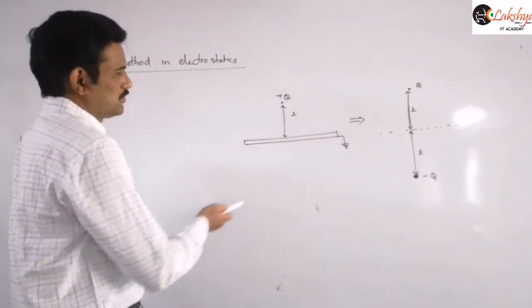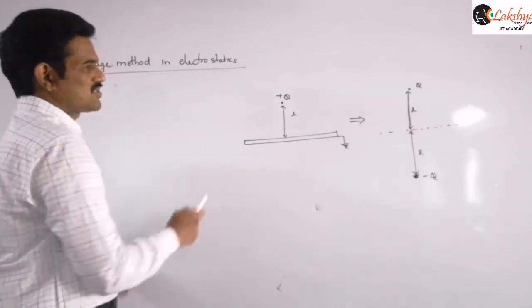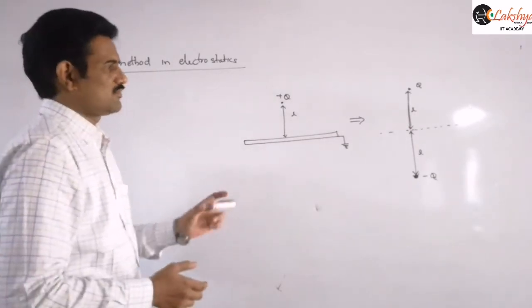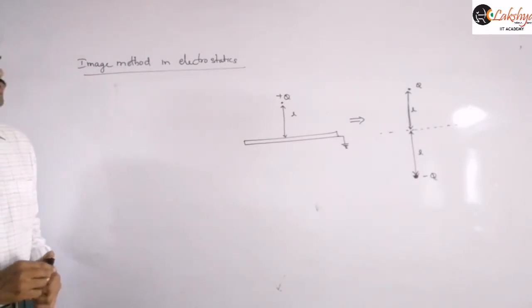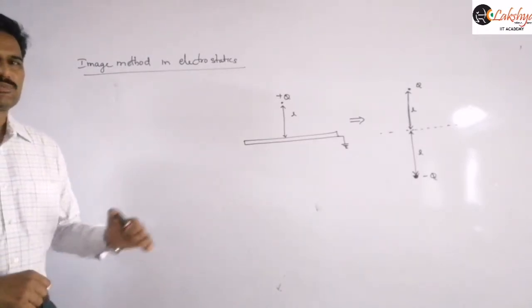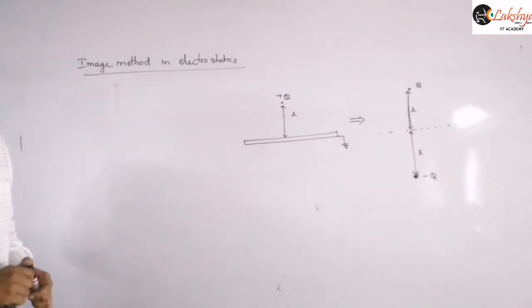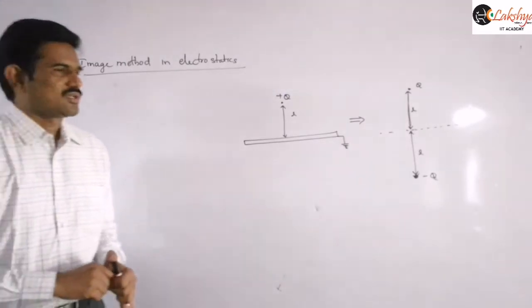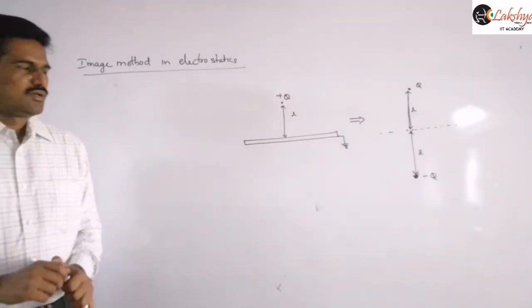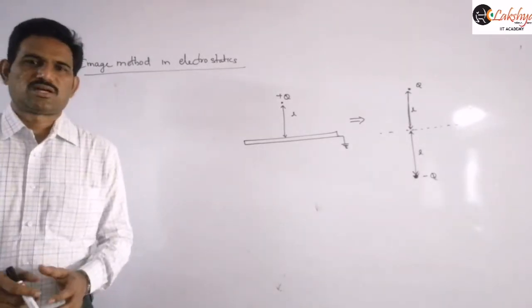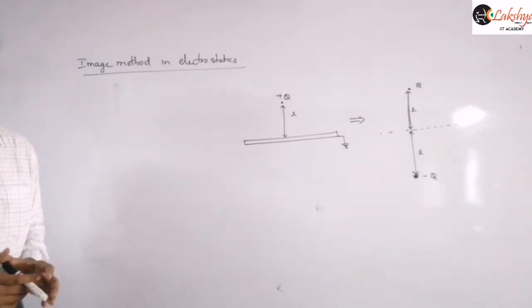This is a given configuration. A point charge q is placed at a distance L from the large conducting plate which is grounded.